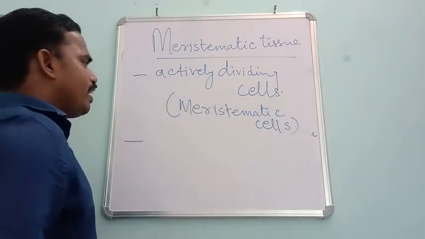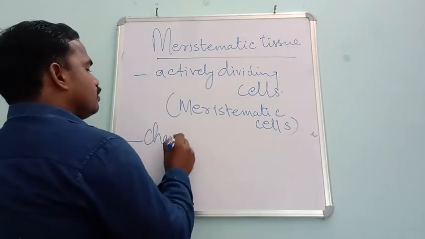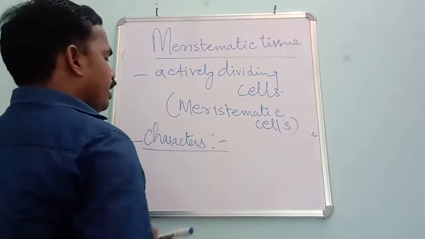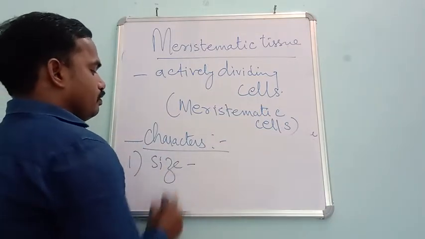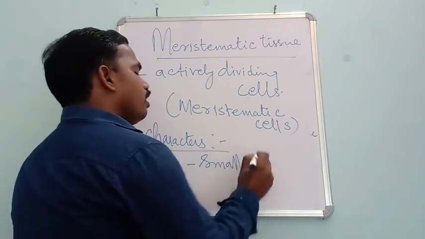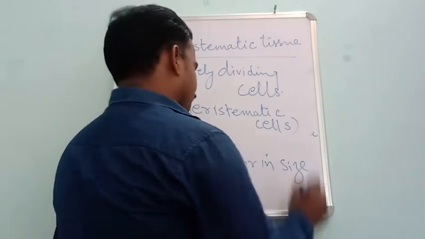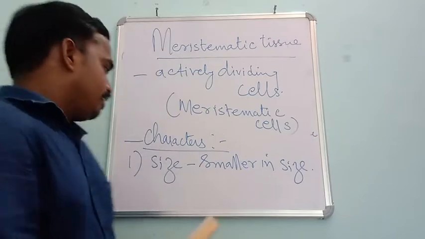What are the characters, or features, of these meristematic cells? Number one, the size: they are smaller in size.